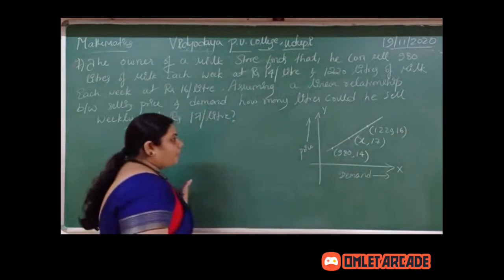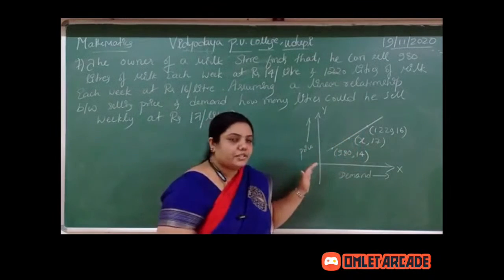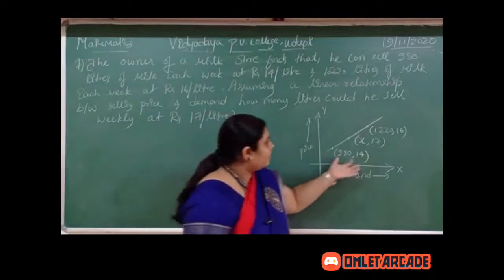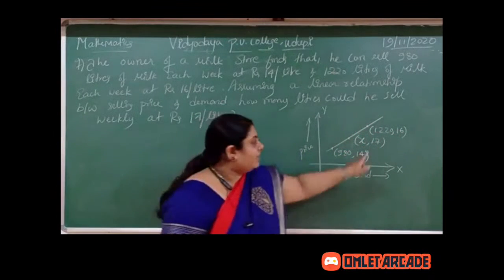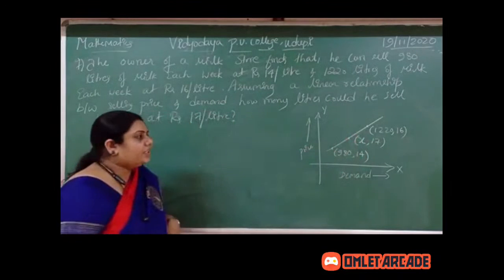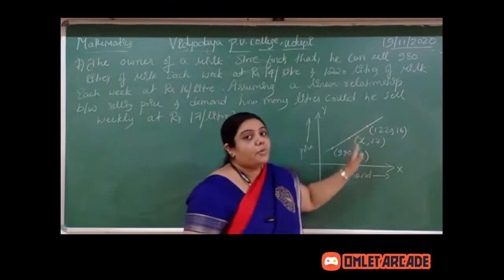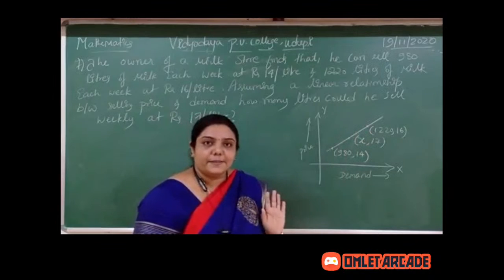So from analyzing the problem, can you draw this? Isn't it? Linear function. I have taken demand along the x-axis, price along the y-axis, so 2 points are known. Here the y coordinate is 17, so you need to find the x coordinate. You can use any concept here. Since you have 3 points on the same line, can I use the condition of collinearity here?